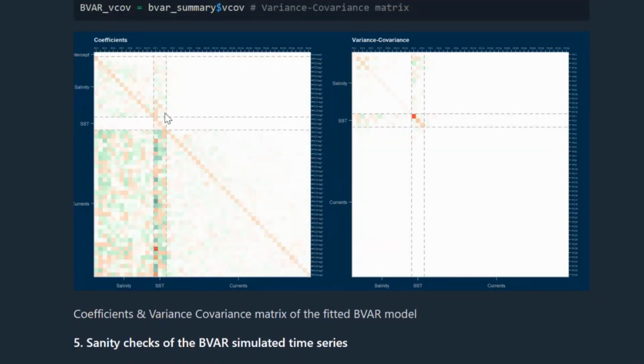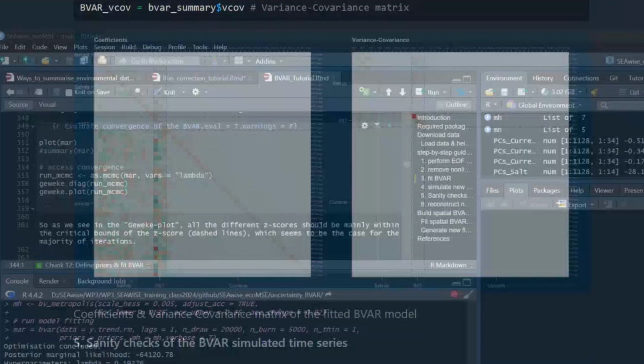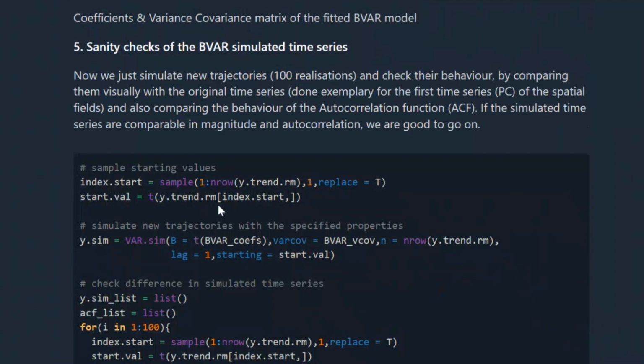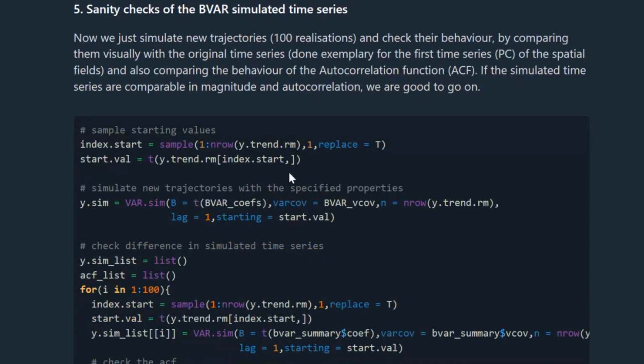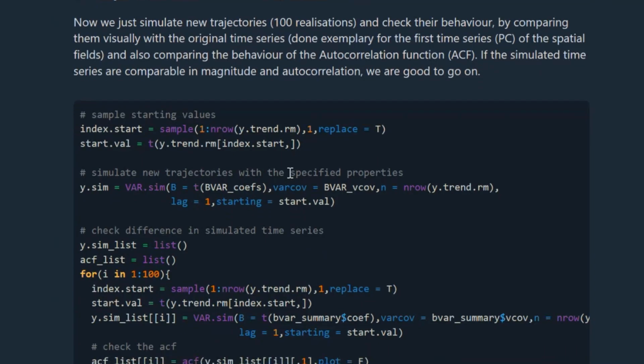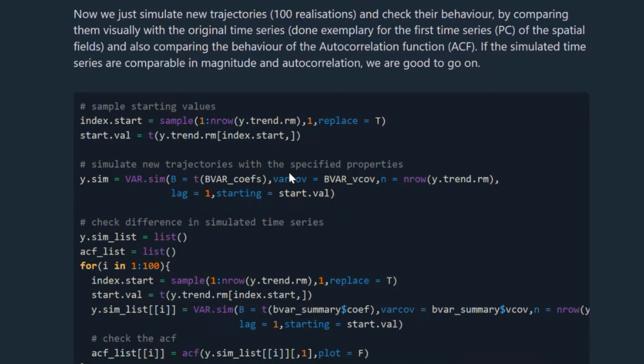Here I just plot the different coefficients and the variance-covariance matrix. Still running. We can now just simulate new trajectories, just maybe 100 realizations, and check their behavior by comparing them visually with an autocorrelation function and with cross-correlation functions, and see if they match to each other.